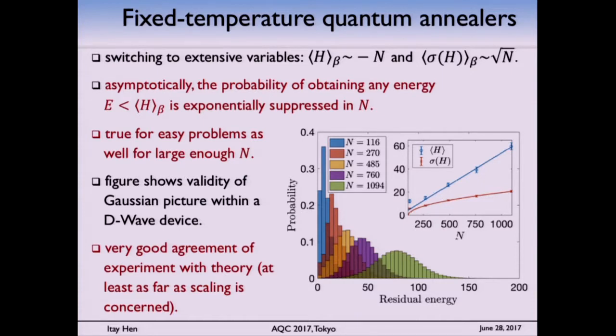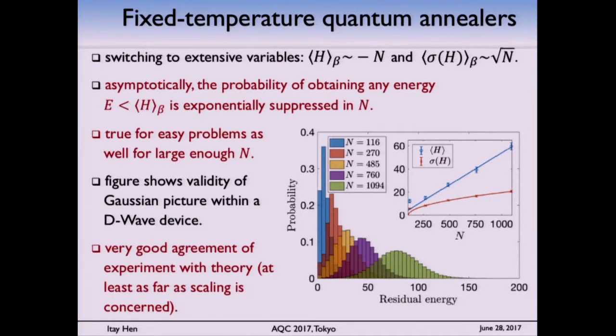And if you look at the rate at which the average goes away from the ground state, this is residual energy, and the way it disperses, it goes away linearly, but the sigma, the dispersion, spreads like the square root of n. Now, what does it mean about the overlap or the support over the ground state manifold? It just means that it's exponentially suppressed in n because of the Gaussian.